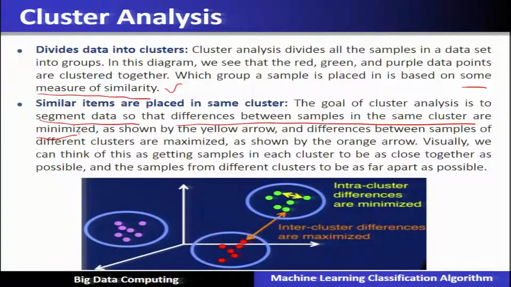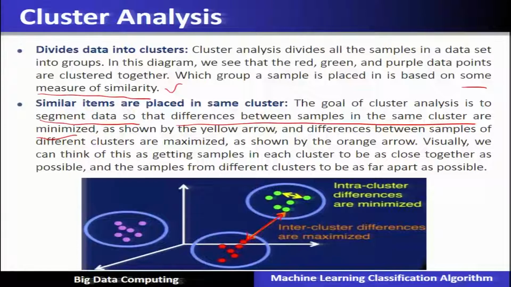For example, if we look at all the green ones in terms of measuring similarities, they have very little difference, hence they are grouped together in a cluster. This way, the differences between the samples of different clusters are maximized, as we can see by this arrow. The differences between the elements across different clusters are maximized, so there will be a clear separation and different clusters can be easily identified.